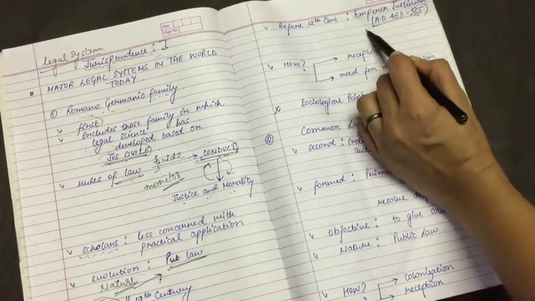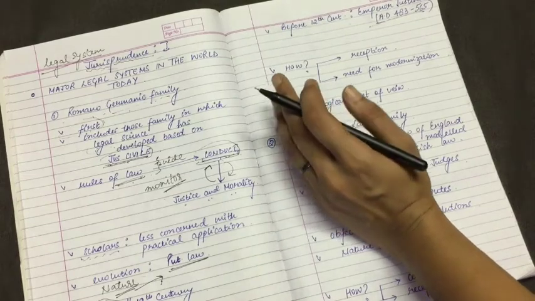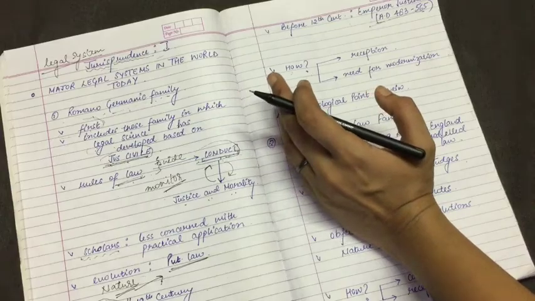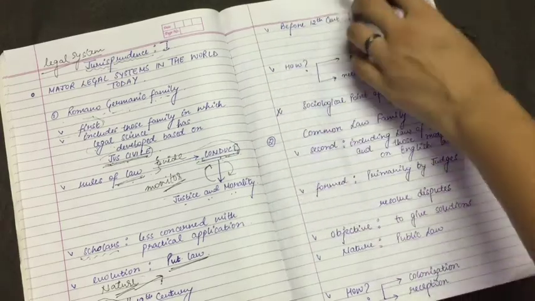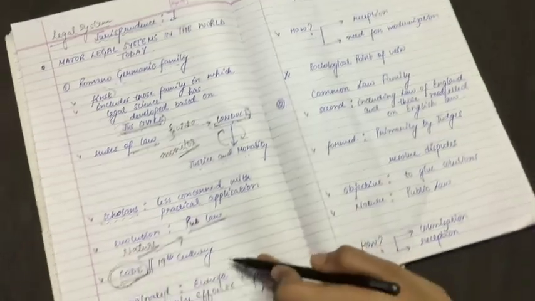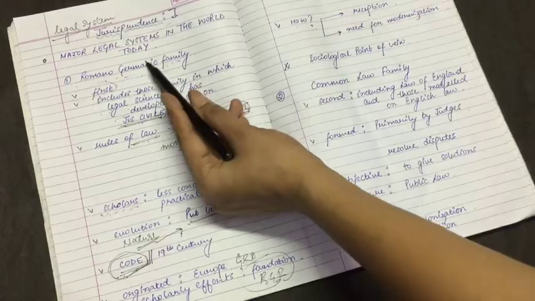In this time period, before the 12th century, he framed and formulated some of the codes and acts, you can say. And then the scholars did research on this.